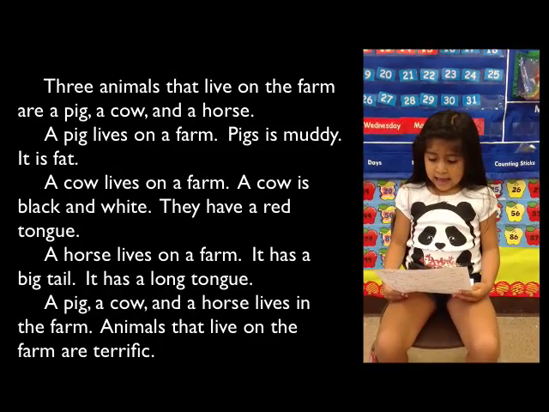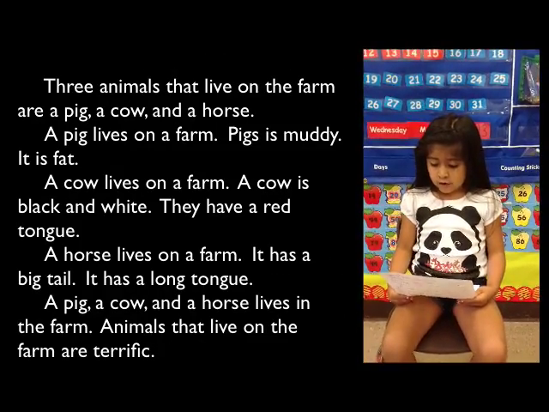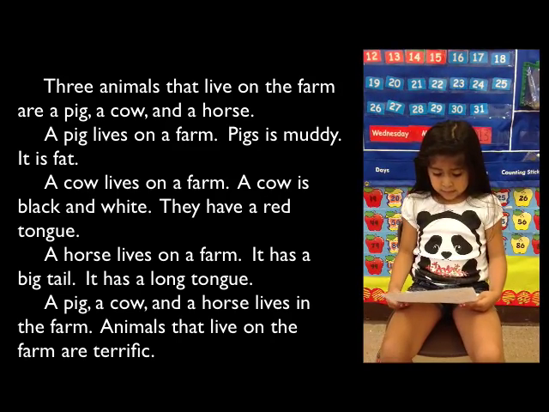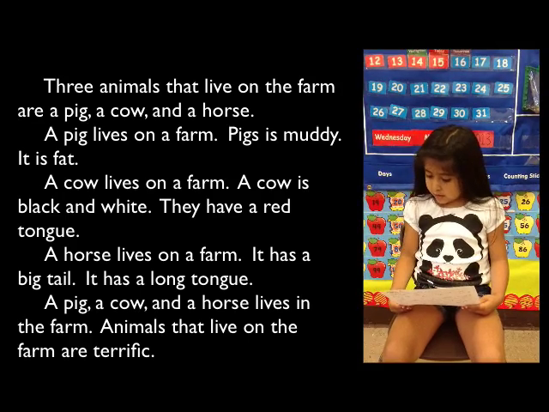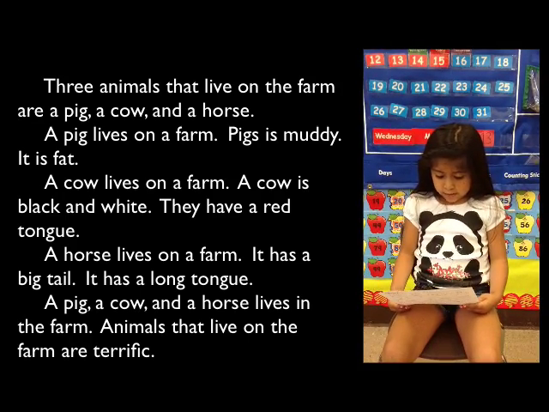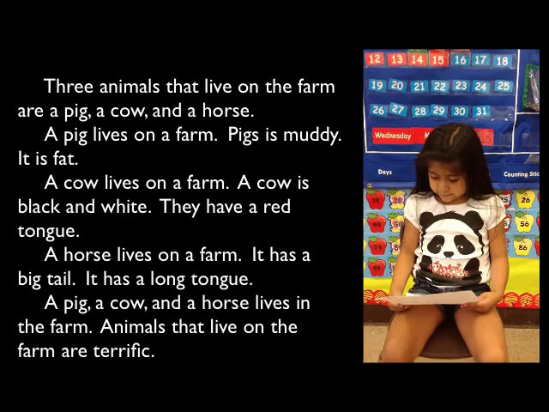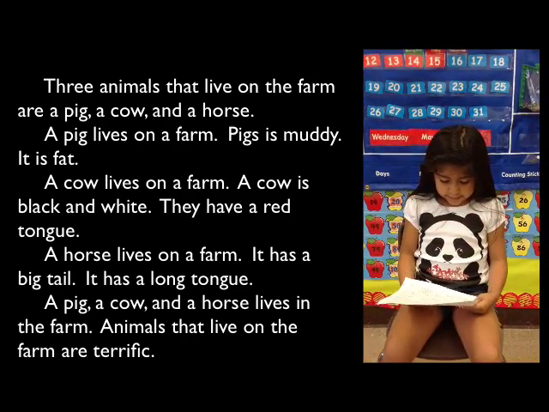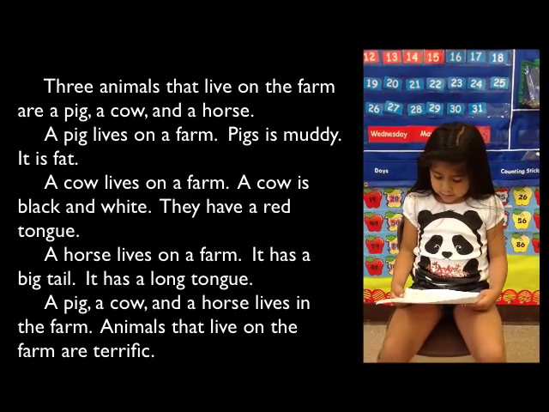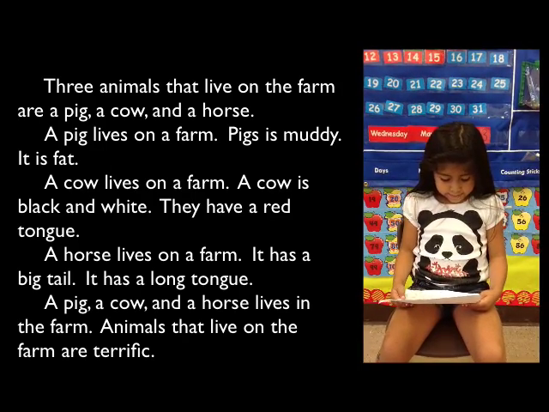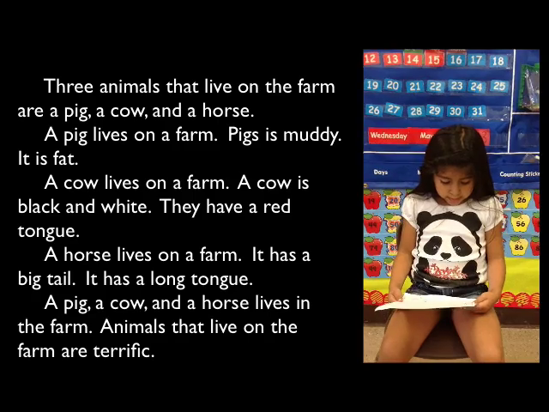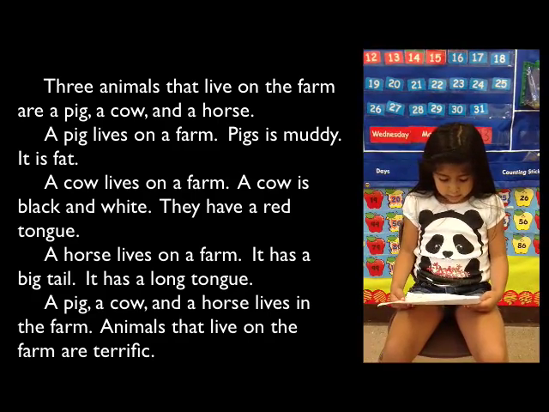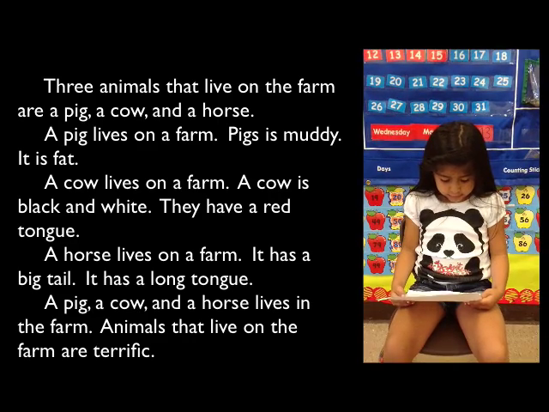Three animals that live on the farm are a pig, a cow, and a horse. A pig lives on a farm. Pigs is muddy. It is fat. A cow lives on a farm. A cow is black and white. They have a red tongue.